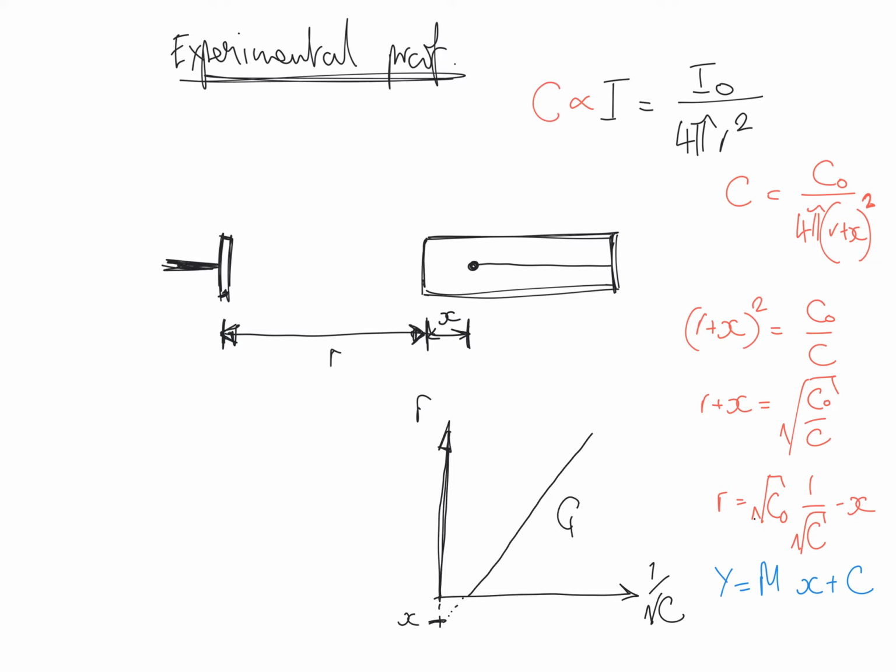And of course the gradient here will be root c naught. But we're not really too worried about this. We're mostly interested in x, to see how far inside that position the Geiger counter, that sensor, exists.